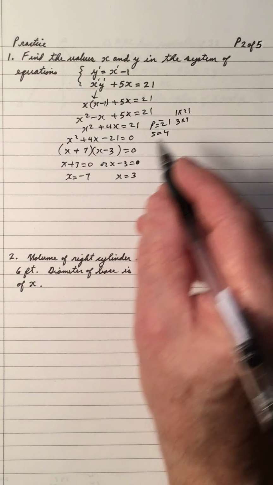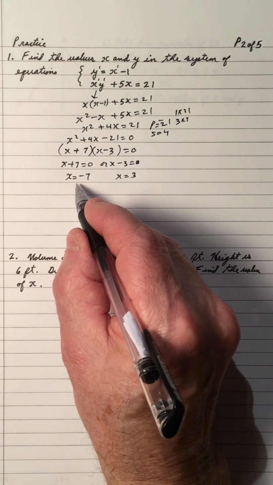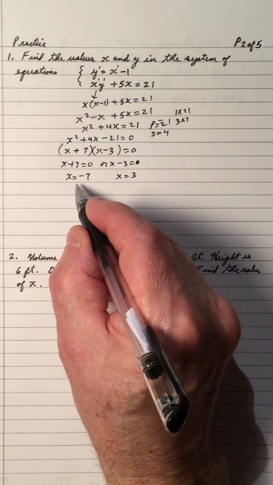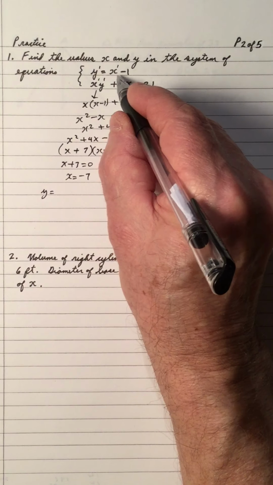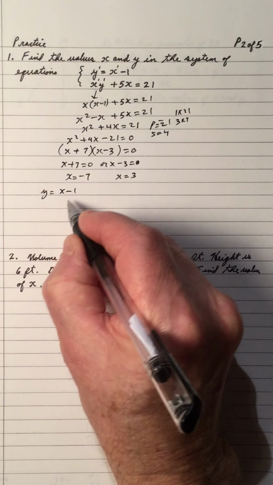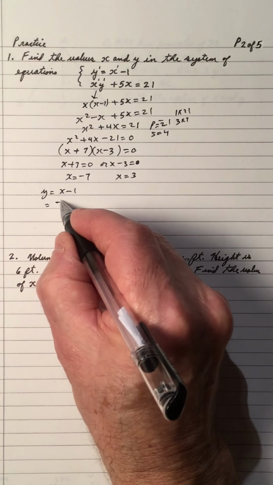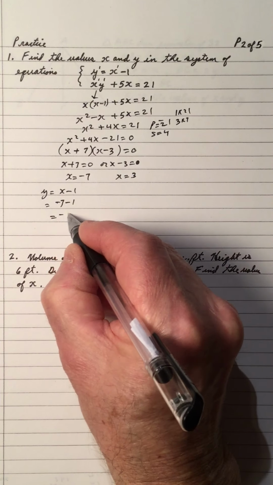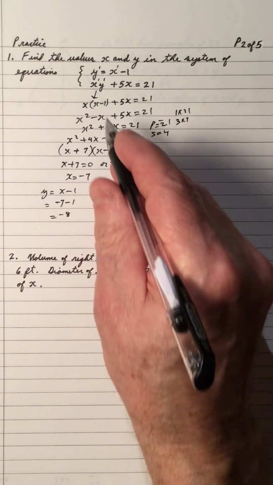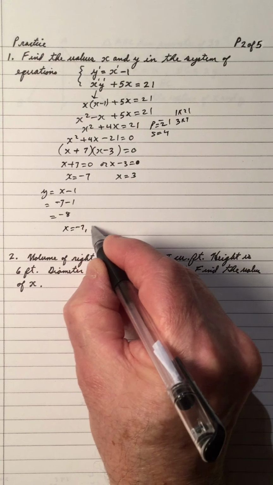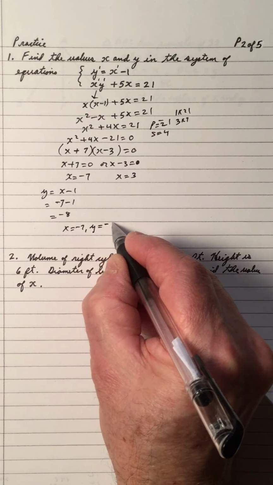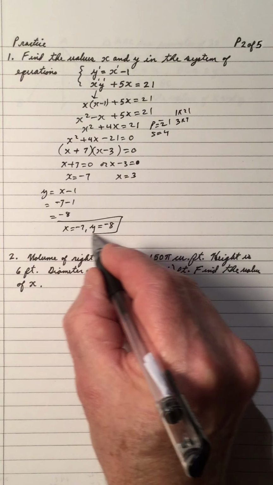And if x is equal to negative 7, then y is equal to x minus 1. So when x is negative 7, minus 1 is negative 8. So x is negative 7 and y is negative 8 is one pair.